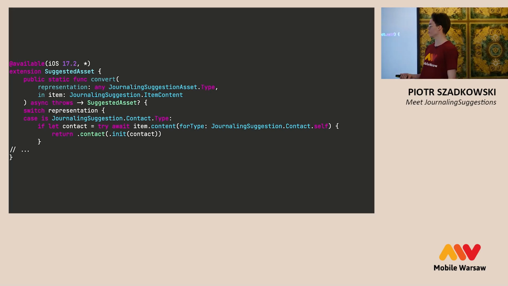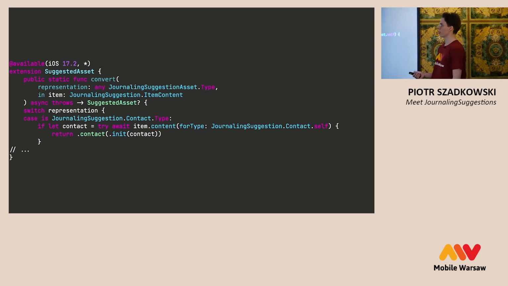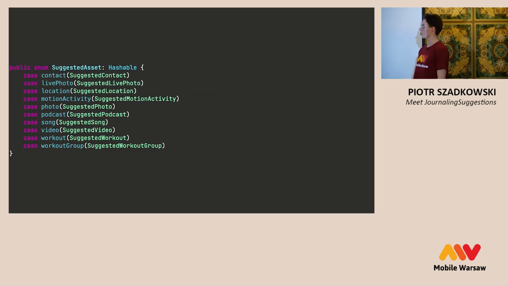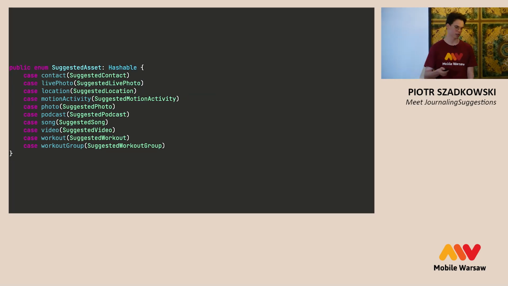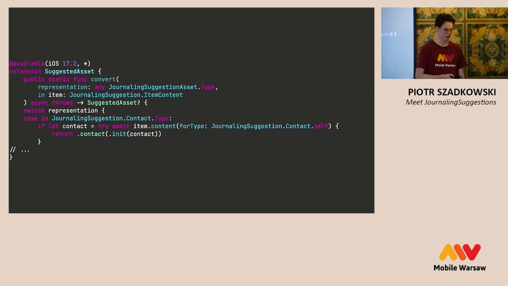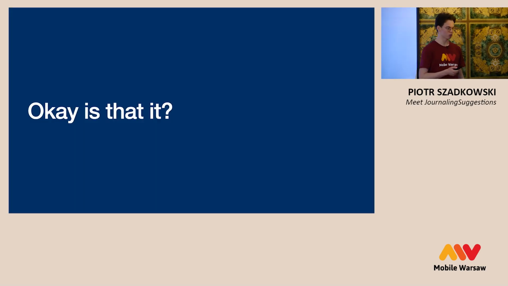And if it's this type, we will just take it from the suggestion and then map it to our own type. So we will end up with all items in this enum form, so we do not have just type-erased generics, but rather concrete types. So is that all, or maybe we need to do some more things?